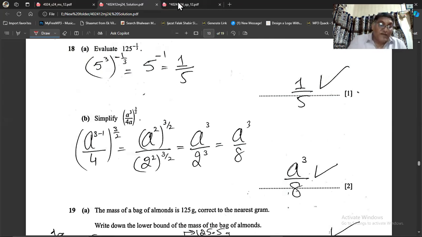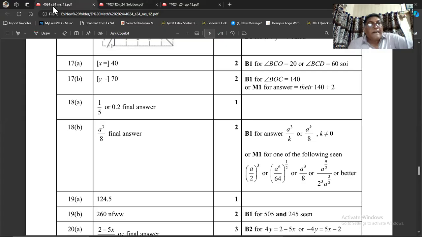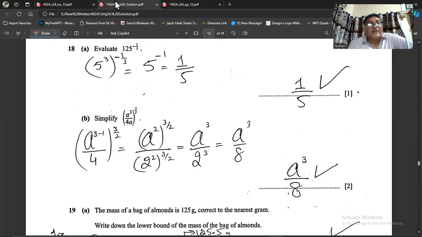So this 3 by 2 power will be given to both the numerator and the denominator. So a square raised to power 3 by 2. Here you will have 2 square raised to power 3 by 2. So 2 and 2 will be cancelled. So a cube, here 2 and 2 will be cancelled. So 2 raised to power 3. So this is a cube divided by 8. Our answers are right. This is question number 18.